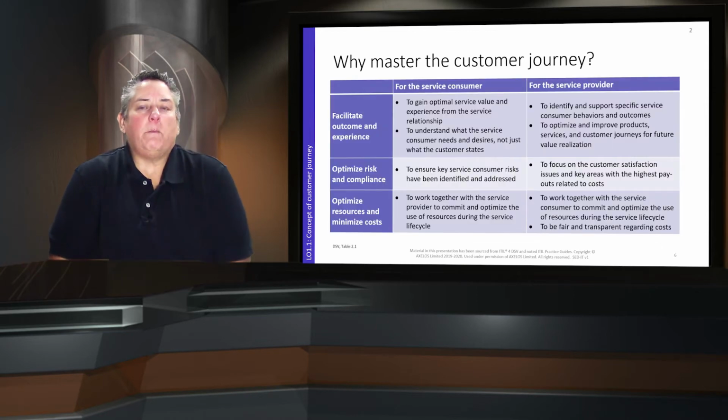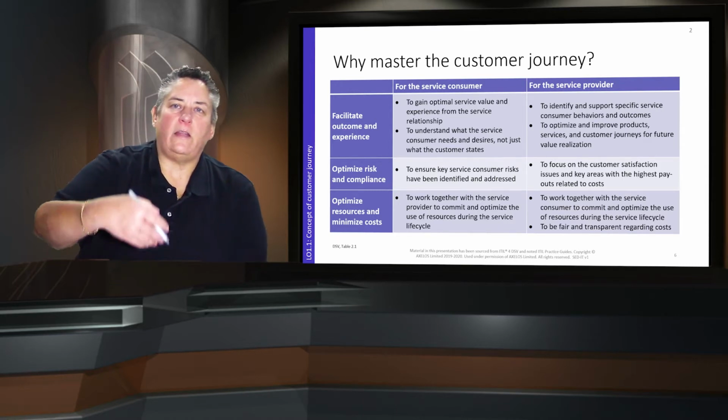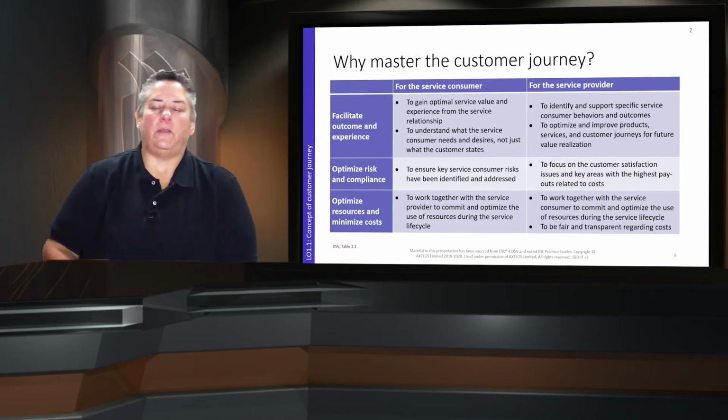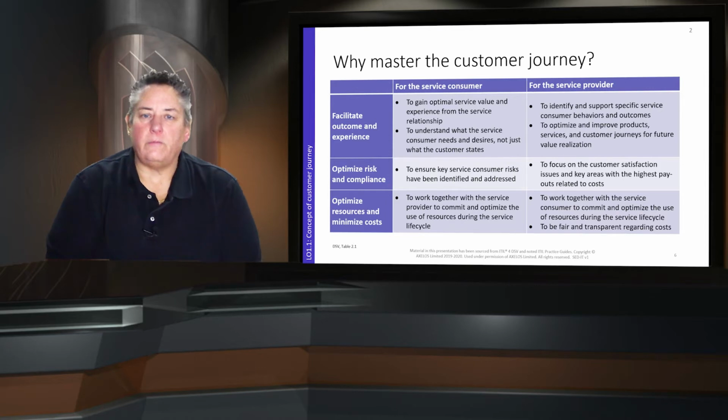So why do we want to master the customer journey? This is another one of those good tables that you're going to want to remember and mark. This is table 2.1 out of the DSV volume. There's a table like this at the beginning of each chapter within DSV, and it is about each step of the customer journey.